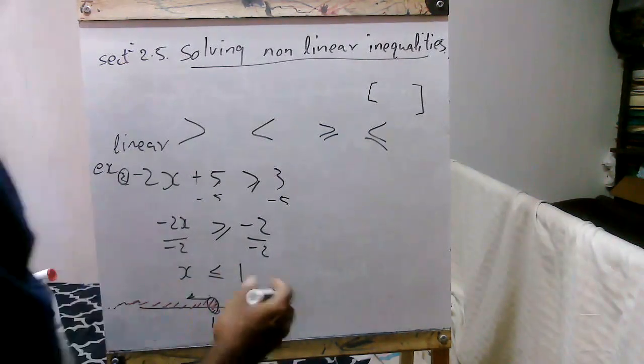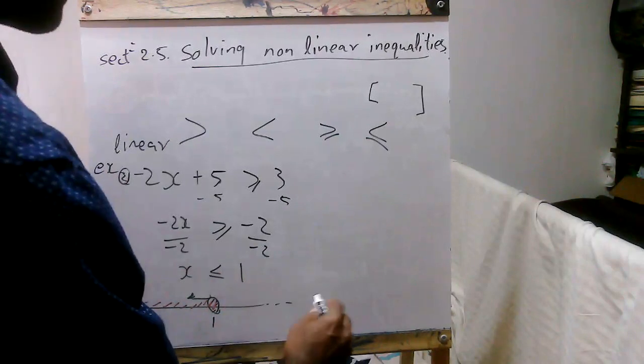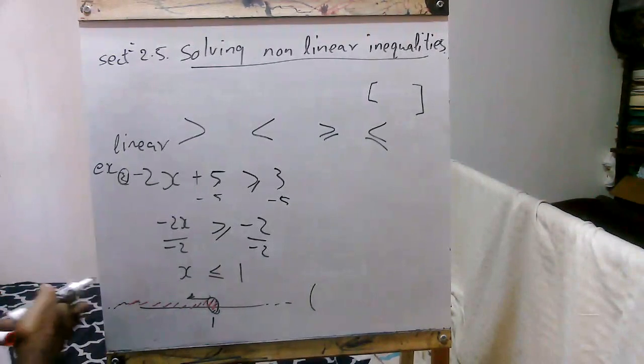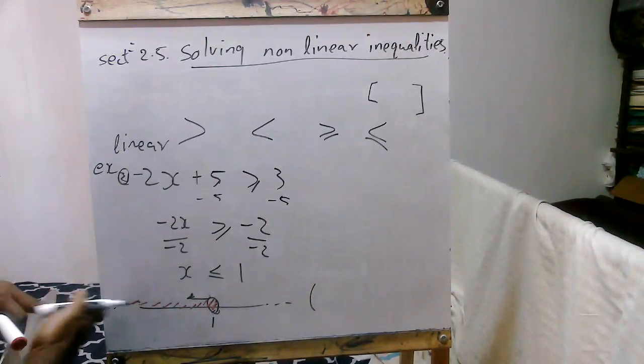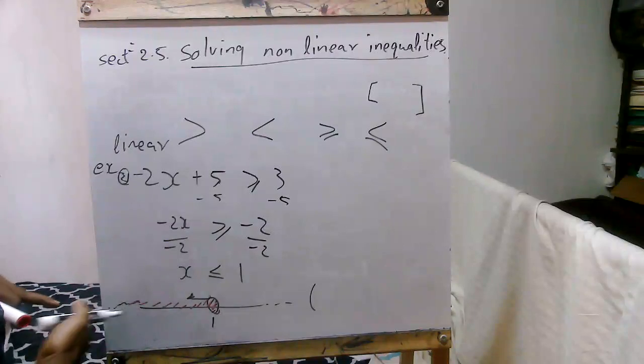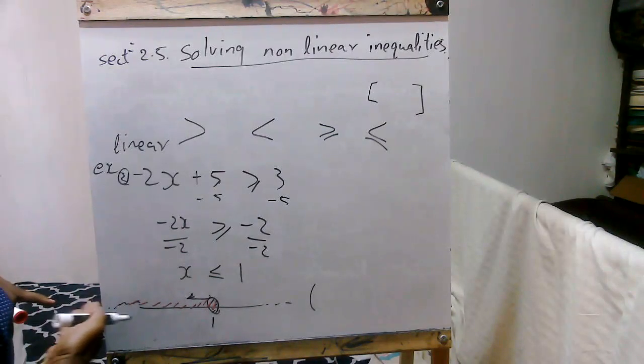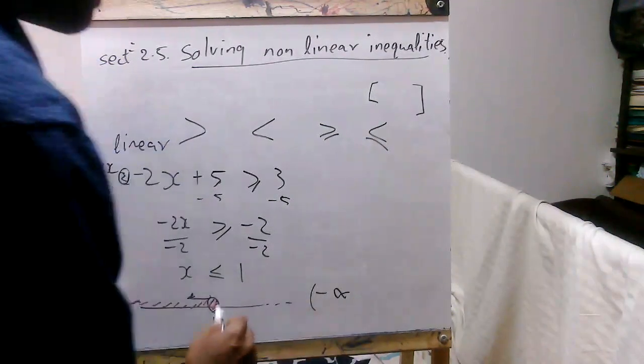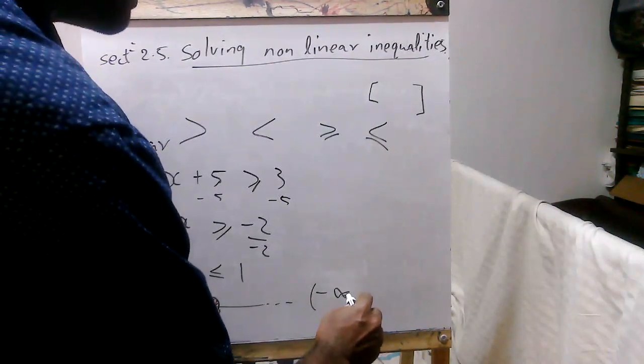So the answer in interval notation is, you always start writing the answer from the left side. So the leftmost number that you could get is negative infinity. Negative infinity up to positive 1. Positive 1 is the last number.